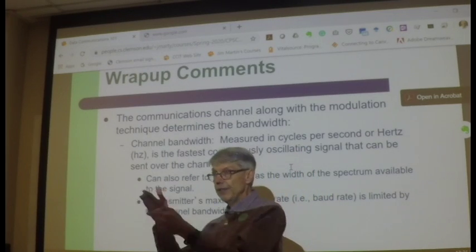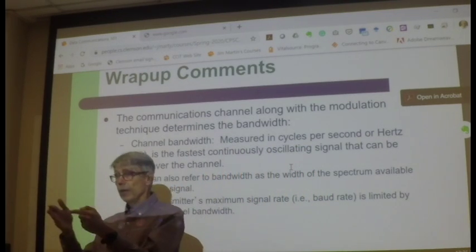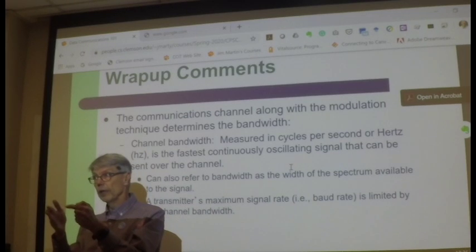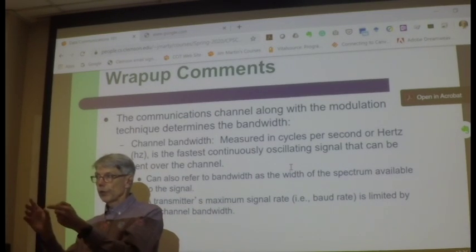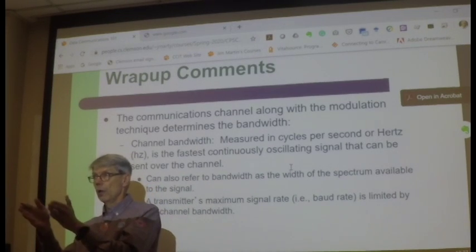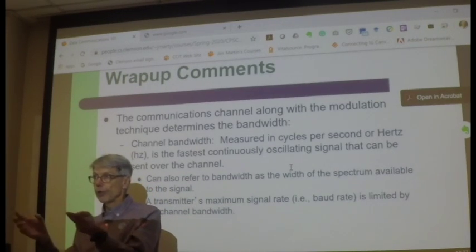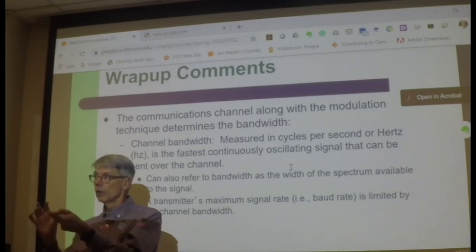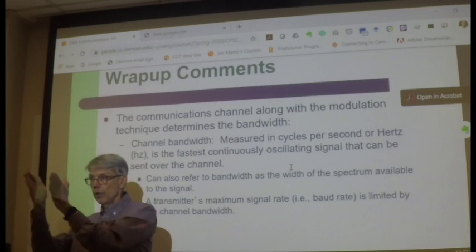Then we get into TV, and when we get over a gigahertz, starting at 600 megahertz, we start getting wireless data using bands.